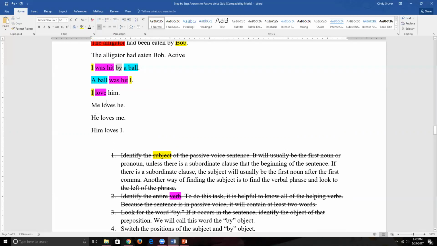I love him. And here we have our verb again. And so we're expecting on the left side of the verb the doer. Well, me means I, Cynthia Gruber. Here we have the verb again, and we have he. Oops, sorry, wrong color.